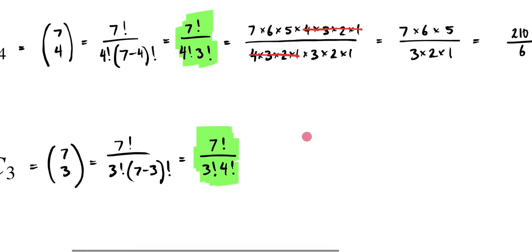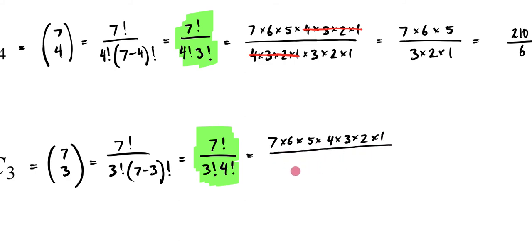Let me now come over here. This is going to be 7 times 6 times 5 times 4 times 3 times 2 times 1 over 3 factorial, which is 3 times 2 times 1, and 4 factorial, which is 4 times 3 times 2 times 1, which means I'm going to get rid of that and that.